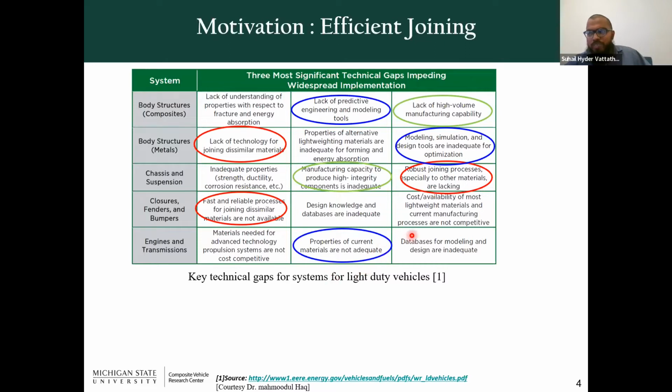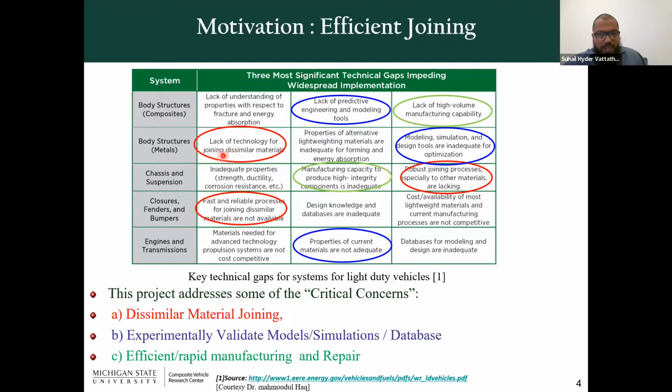Some of the gaps they have mentioned are: lack of technology for joining dissimilar materials, which is one of the major concerns; experimentally validated models and simulations, because we come up with lots of computational models, but are they experimentally validated?; and efficient and rapid manufacturing and repair.